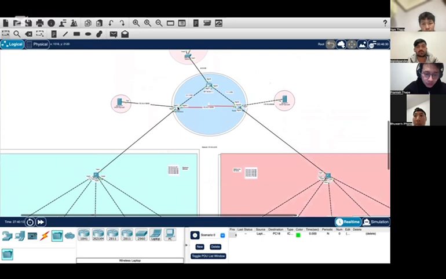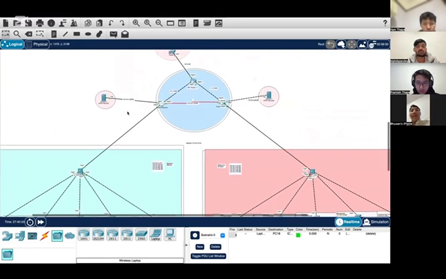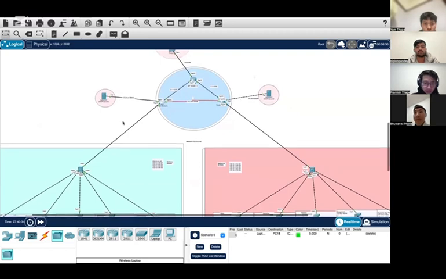In the router, we do inter-VLAN here in the sub-interfaces. So here are the gateways for all the VLANs, and then the DHCP IP helper address, where this router gets its DHCP from the server here.